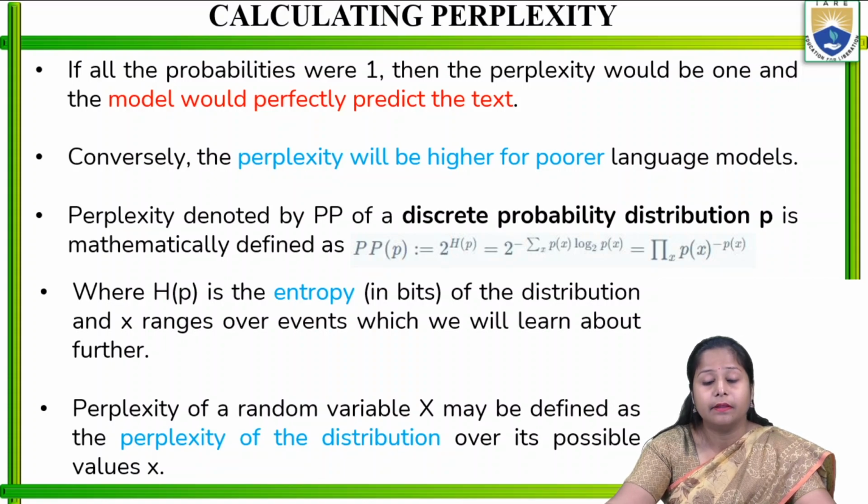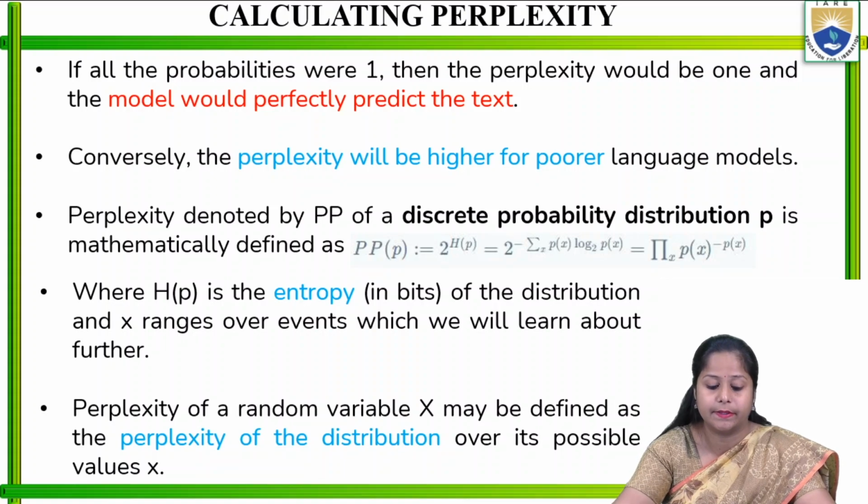That is the formula to calculate the perplexity for discrete probabilities, where H(p) is called the entropy in bits for the distribution, and x ranges over the events, which we will learn about further.